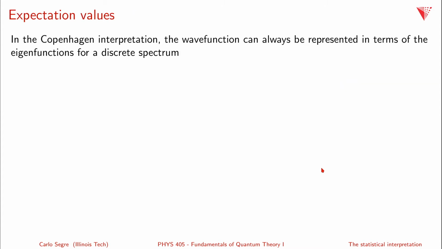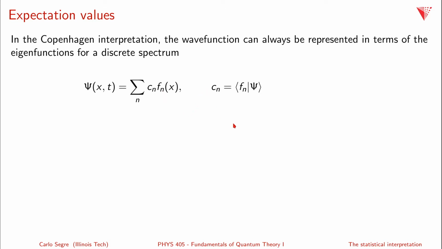So in this Copenhagen interpretation, the wave function can always be represented in terms of the eigenfunctions of a discrete spectrum. So we can write psi of x and t is equal to the sum of c sub n, f sub n of x, and then there is the time dependence which we neglect generally, but it's built in terms of the energy of that state, f sub n.